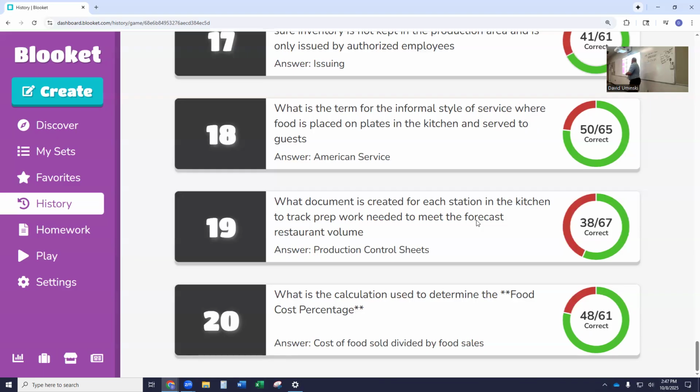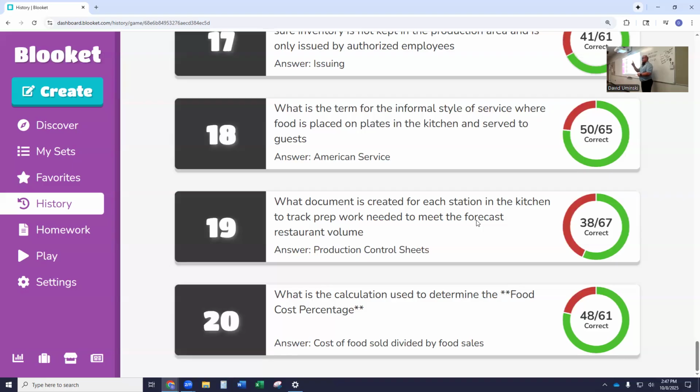Okay. And then the last thing is our food cost percentage. This is how we can determine our effectiveness of controlling our cost. Okay. So think about it this way. A percentage is per 100, right?